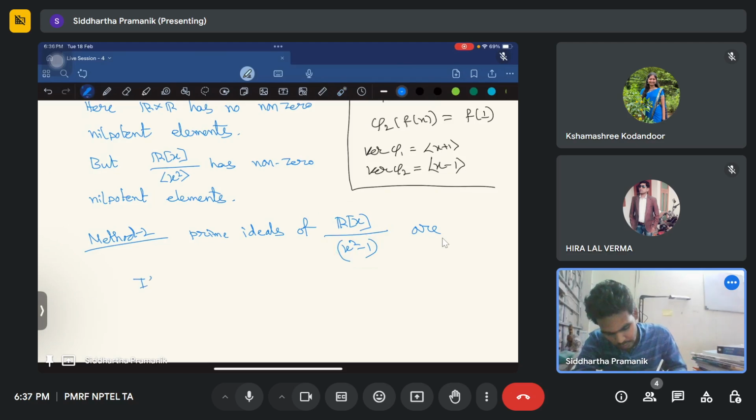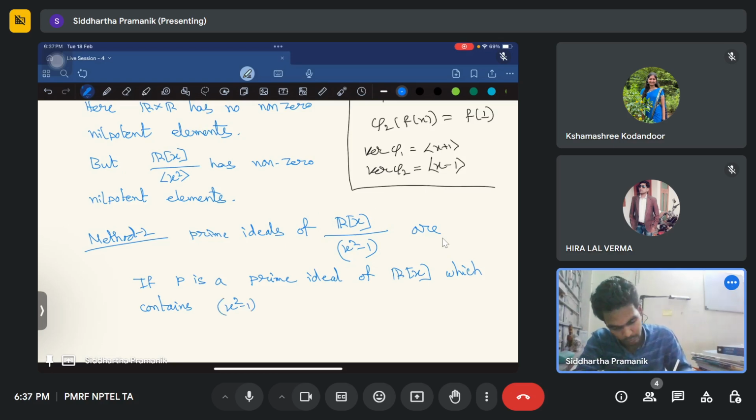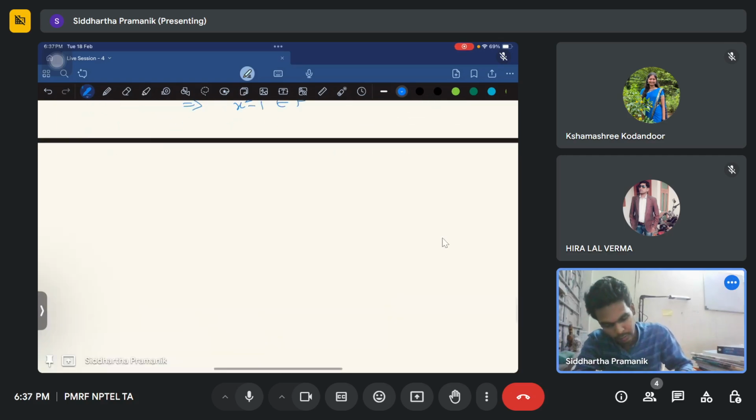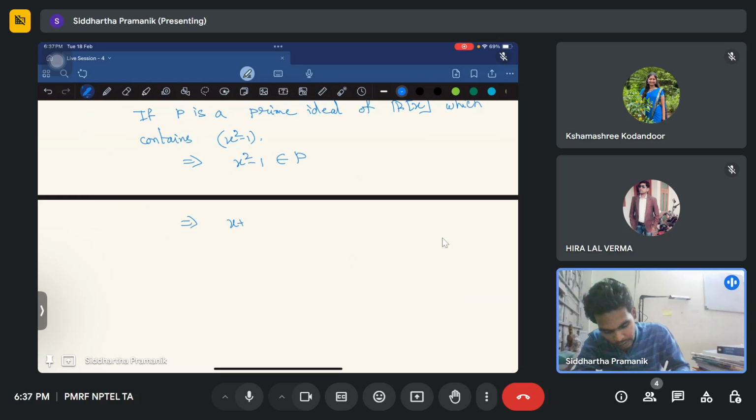So if P is a prime ideal of R[x] which contains x^2 - 1, what can you say? This will imply x^2 - 1 belongs to P. So this will imply (x + 1)(x - 1) belongs to P.